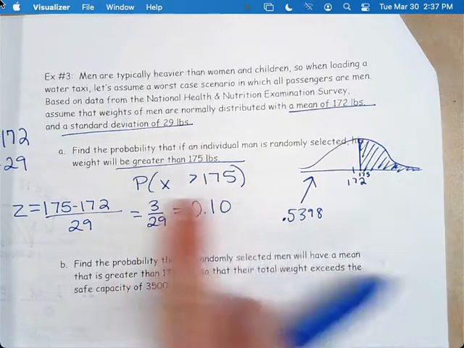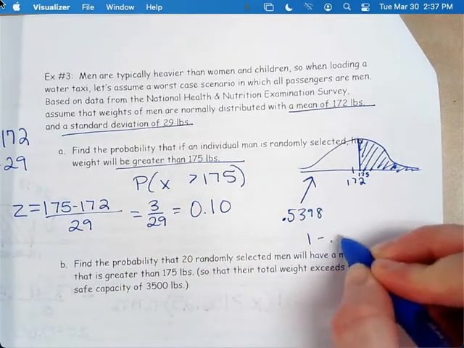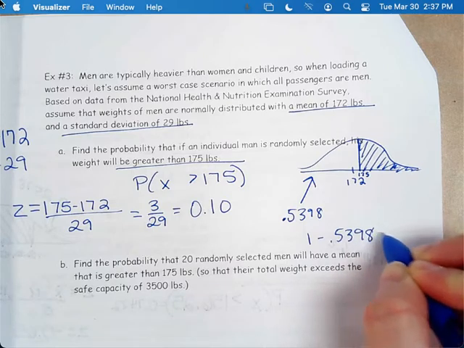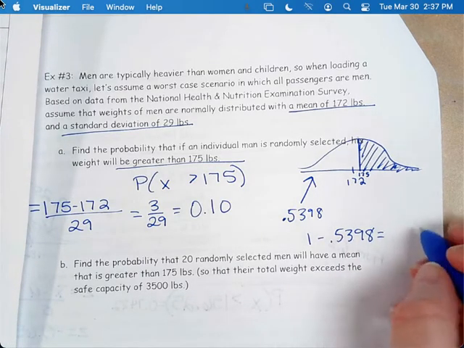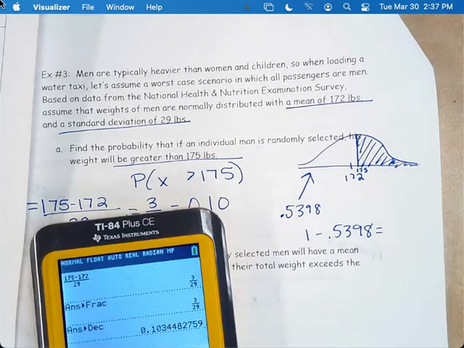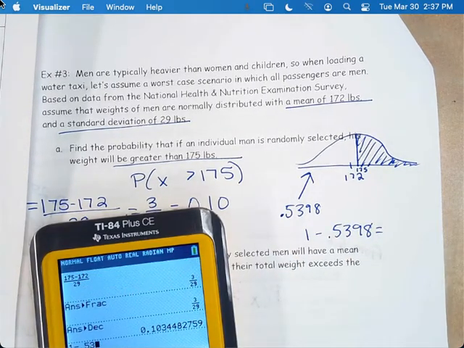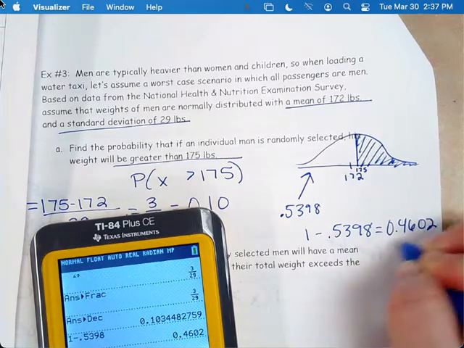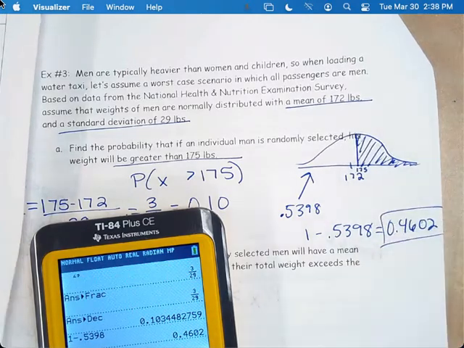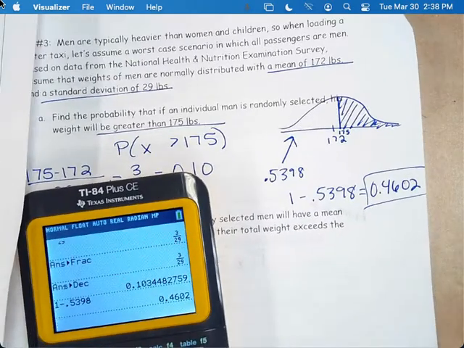So then to find the probability of greater than that, we do 1 minus 0.5398, which is 0.4602. So less than half, about 46% of men will be greater than 175.